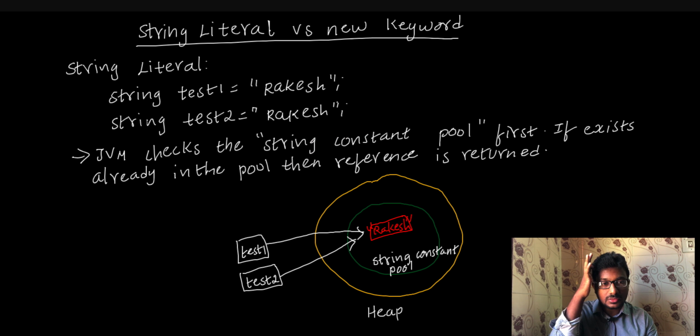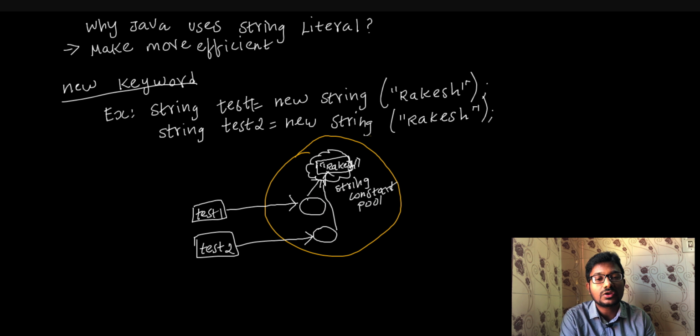Since it uses the existing value instead of duplicating it, it is saving some memory and also improving performance. That's the power of the JVM. These are the advantages of string literal.